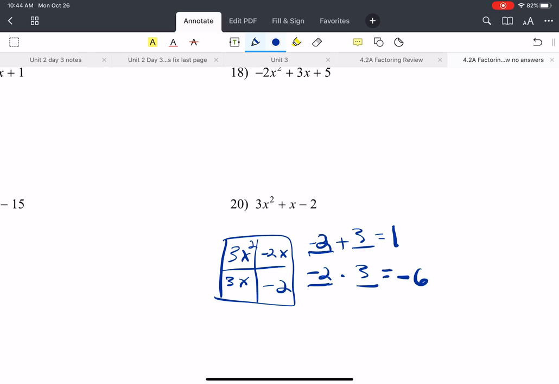Okay, GCF in my first row. Good. X. Second row. 1. Okay. Someone I haven't heard from yet. First column. 3x. There we go. Second column.